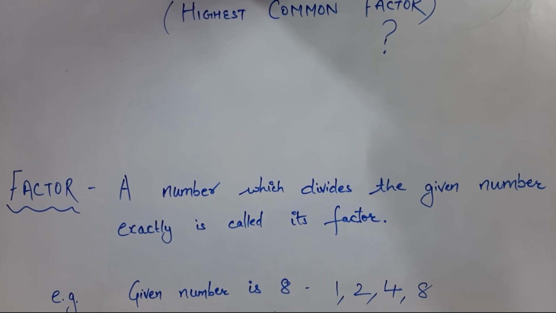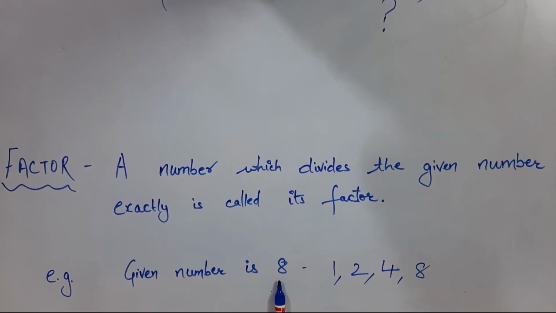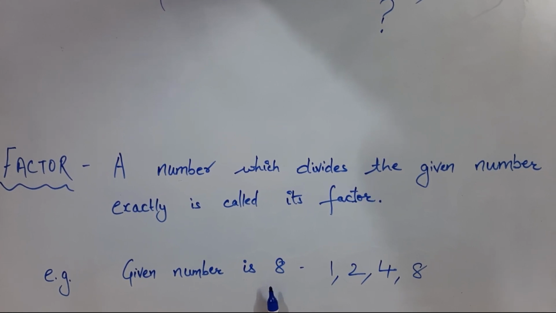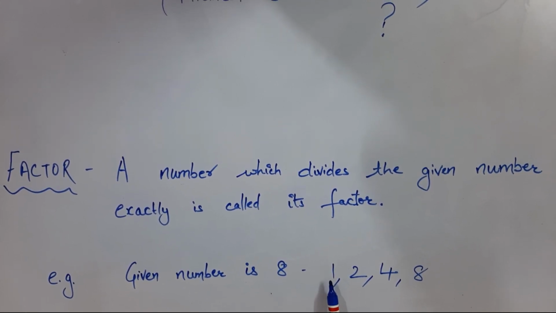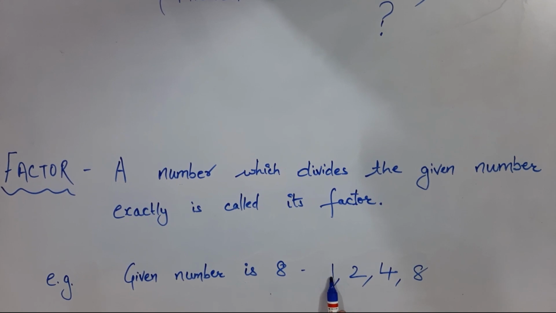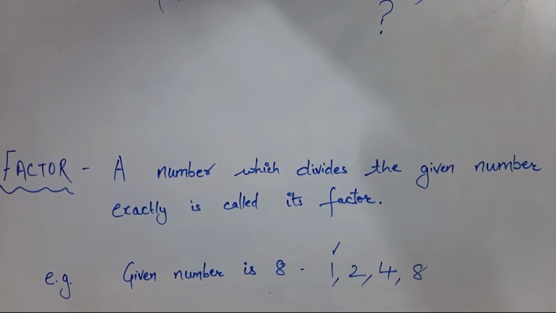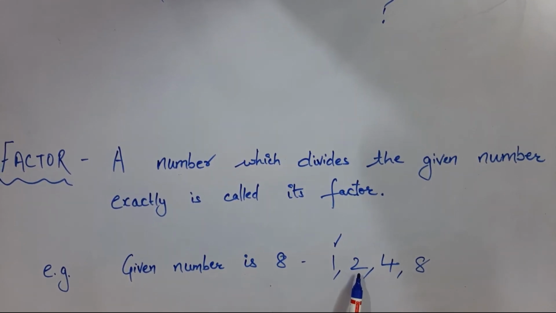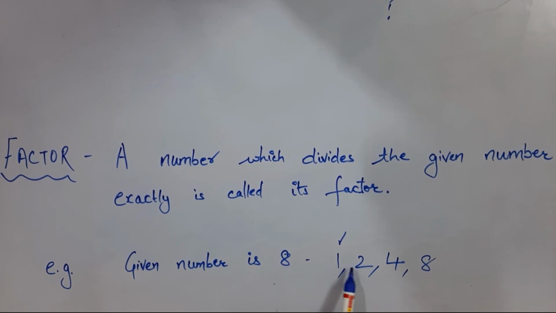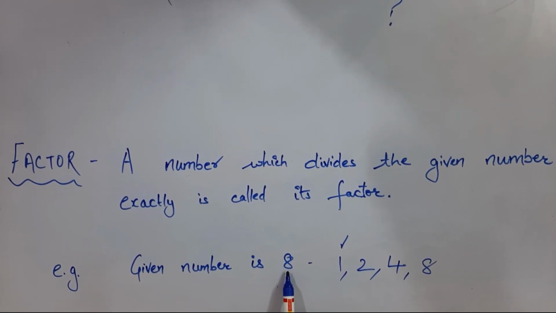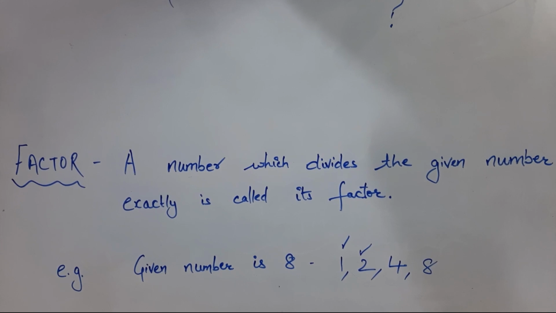For example, given number is 8. Now 8 comes in which tables? In 1's table 8 comes, 1 8 ja 8, so 1 is its factor. In 2's table, 2 4 ja 8, 8 comes, so 2 divides 8 exactly, 2 is also a factor.